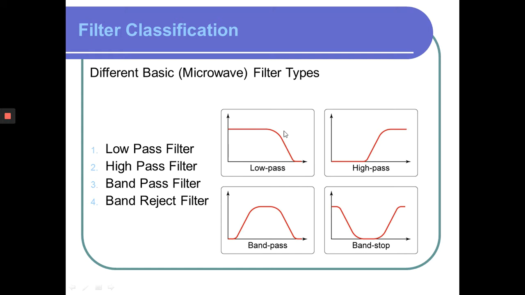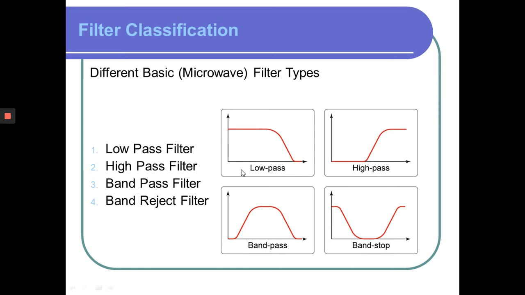So the low pass filter will only allow the low frequencies, and high frequencies will be rejected. The high pass filter will only allow the high frequency signals, and all the low frequency signals will be rejected.